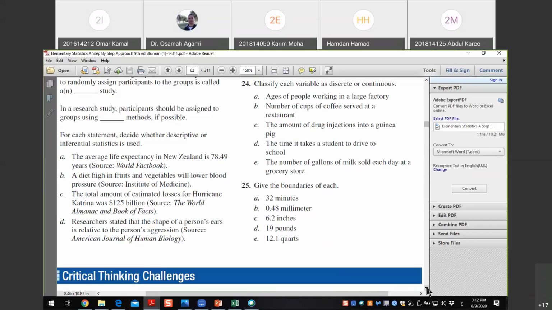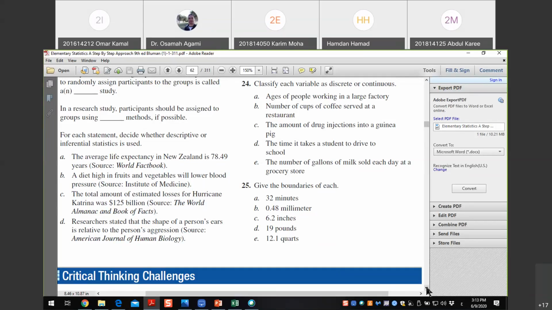Continuous means no gaps. Do you think you can go for coffee and ask for 0.7 cappuccino? No. Okay, so number of cups of coffee should be what? It should be continuous. Sorry, discrete. Discrete, okay, thank you. You will remember the coffee.